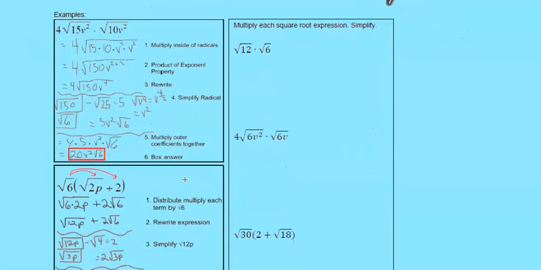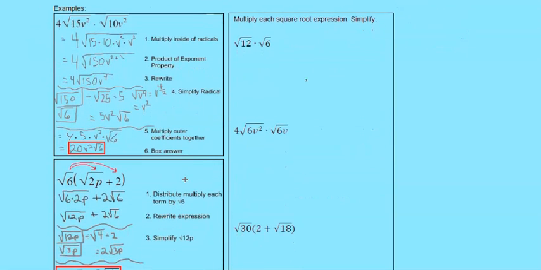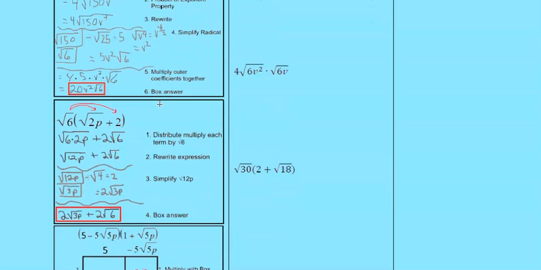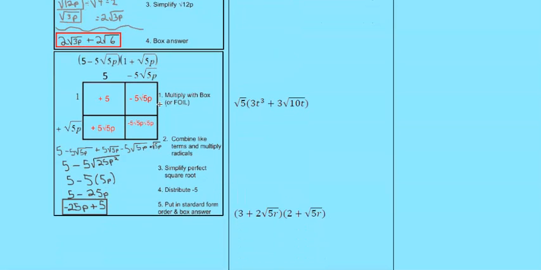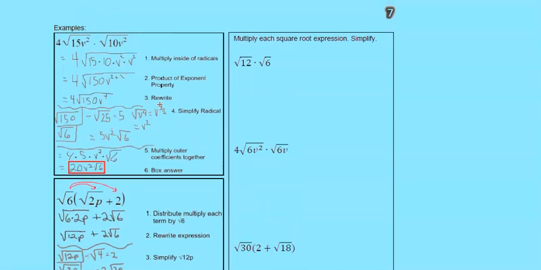This one we're multiplying square roots. Multiply each square root expression and simplify. So I have some of the examples already filled out for you on the side. Let's do one other together.